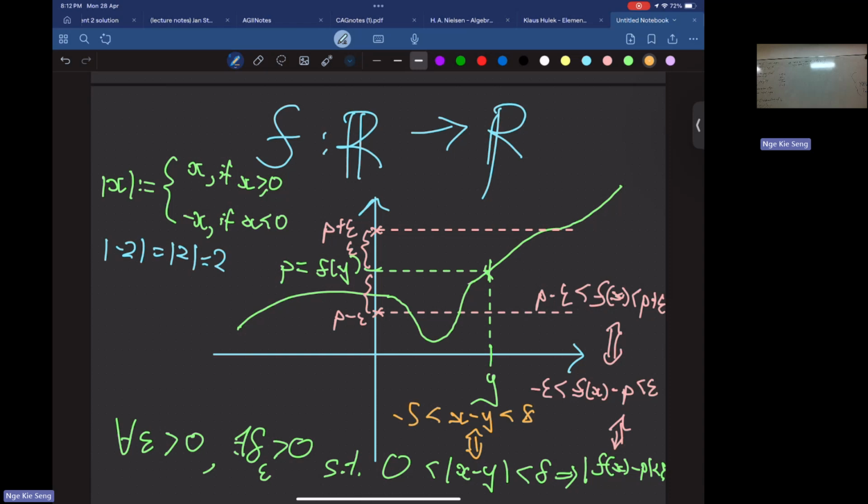Negative greater than negative delta. But how about the greater than 0 part? Greater than 0 means what? The difference between these two cannot be 0. But if you write it as x minus y in between delta and minus delta, do you have 0 there or not? Correct. So you need to add an extra condition.